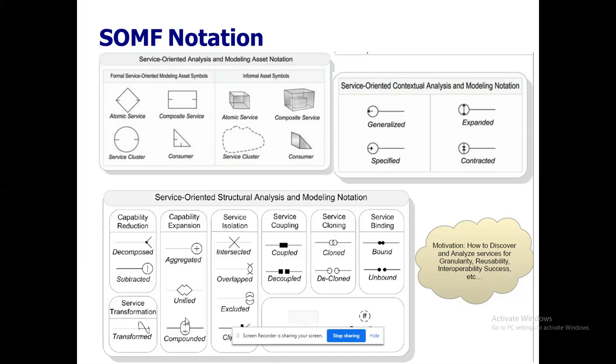So next one, I think before going to expansion and isolation, we talked about transformation, right? So transformation is nothing but how your service is encompassed in another environment. For example, I have used my weather web service. The output of the weather service is converted into a JSON file.